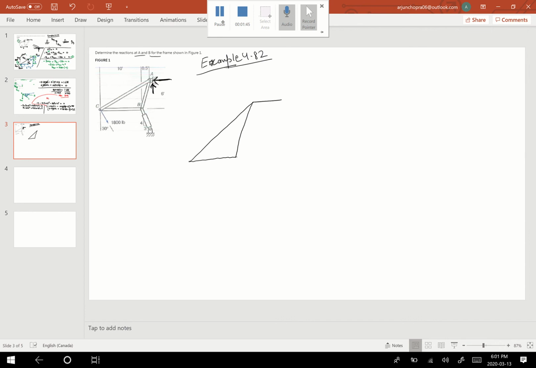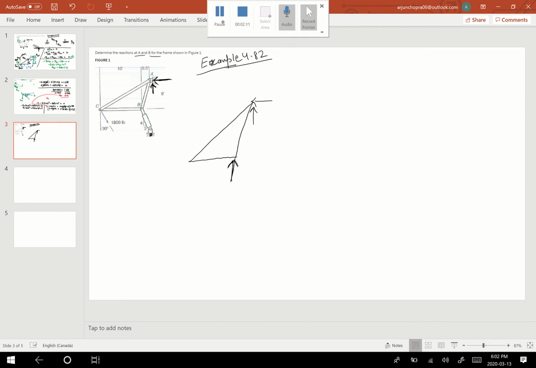So here at point A, I'll draw the reaction loads in this direction and one in this direction, and at point B, rather than drawing the reaction loads at this point, I'm going to draw it at this point.